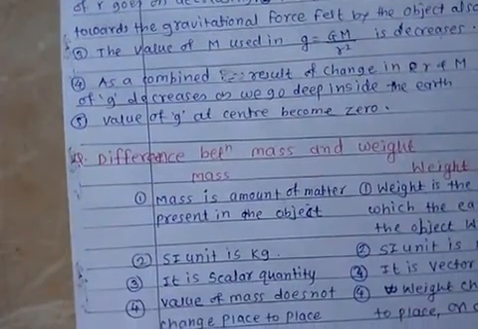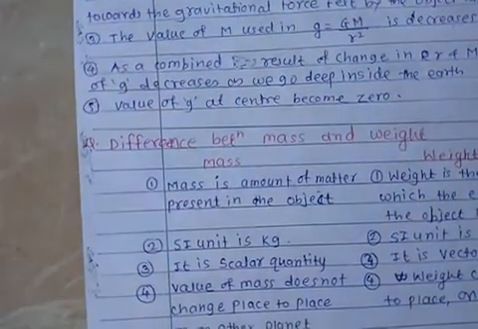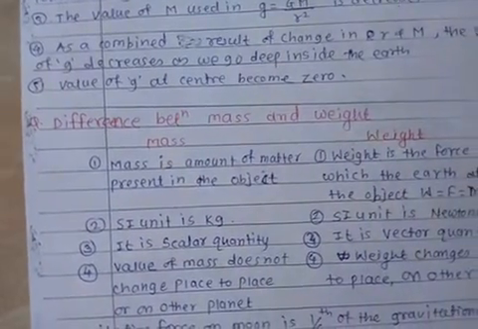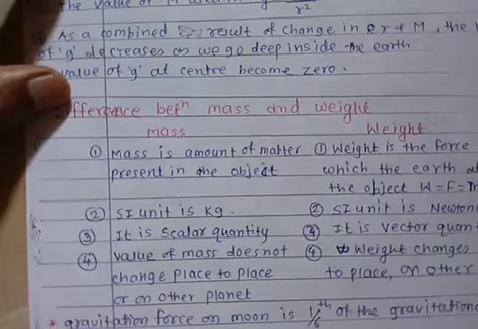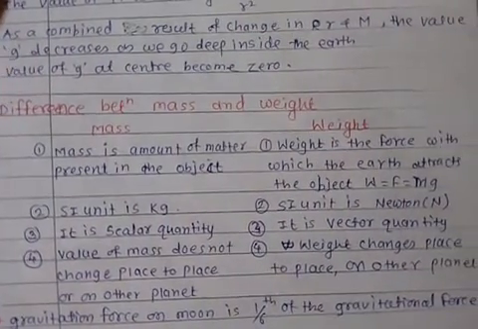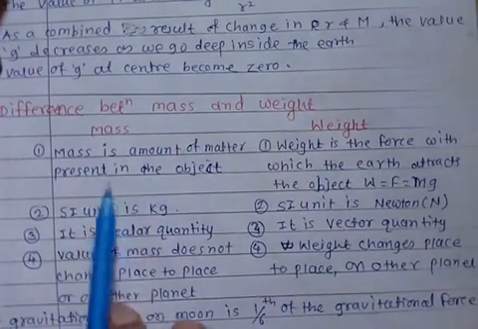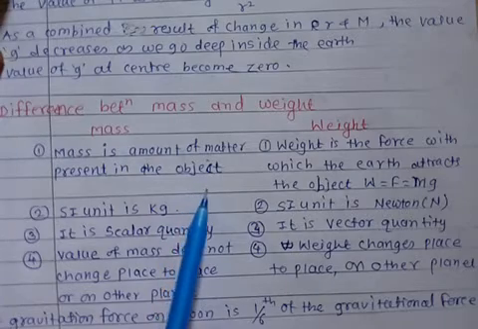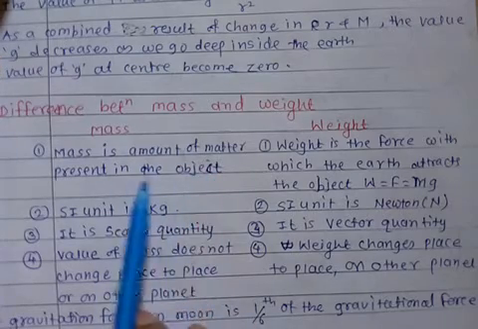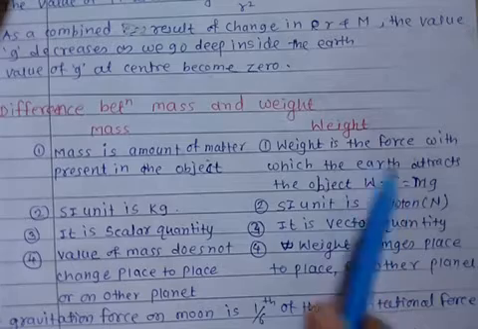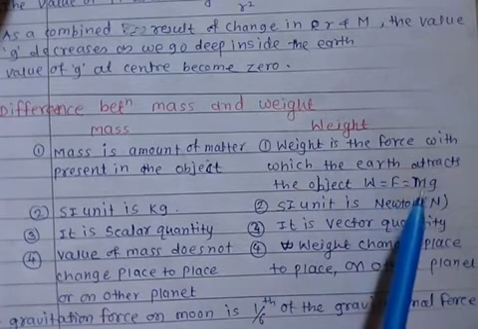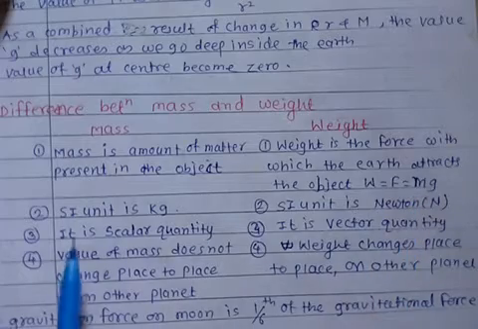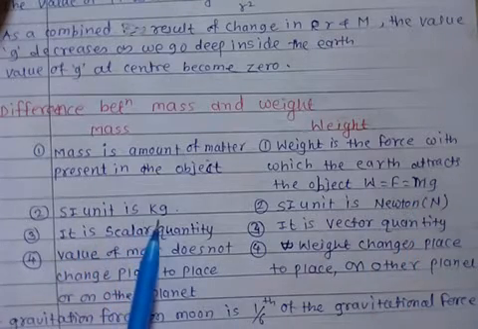Today we are going to see the difference between mass and weight. What is mass? Look here. Mass is the amount of matter present in the object, and weight is the force with which the earth attracts the object, W equals mg. The SI unit of mass is kg.